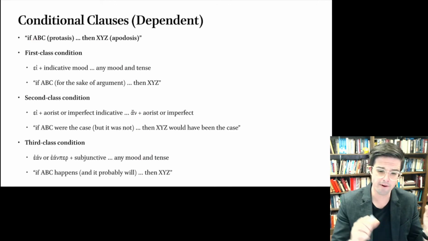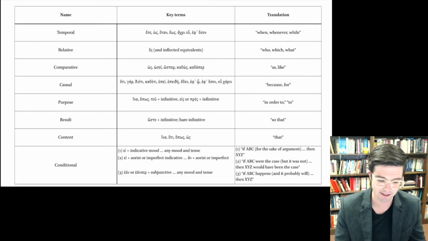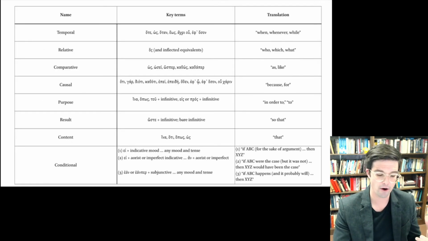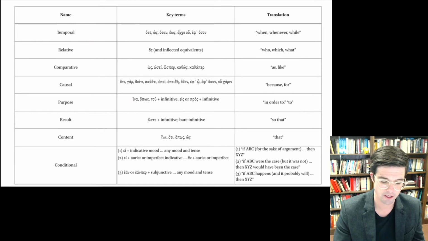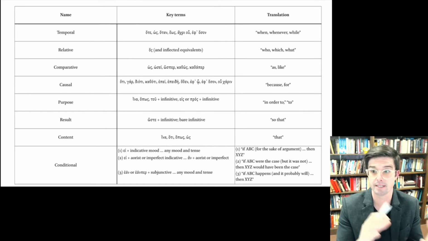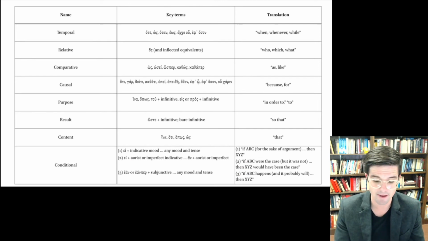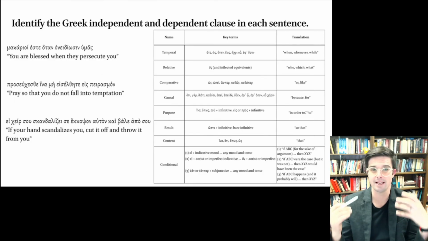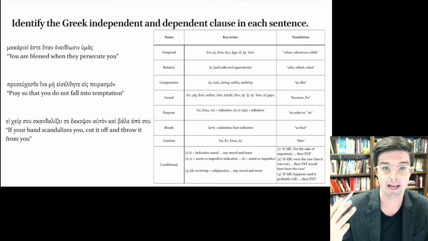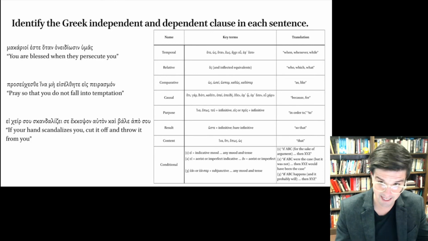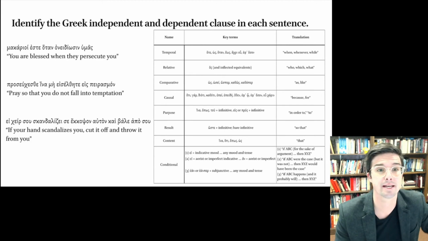So moving from conditionals back to dependent clauses generally, we have our whole list here of different kinds of dependent clauses in tabular form. So you can look to the key terms and the translation of these different conjunctions and the dependent clauses that they make. And so what I want to do here is identify three different dependent clauses and independent clauses in Greek sentences.